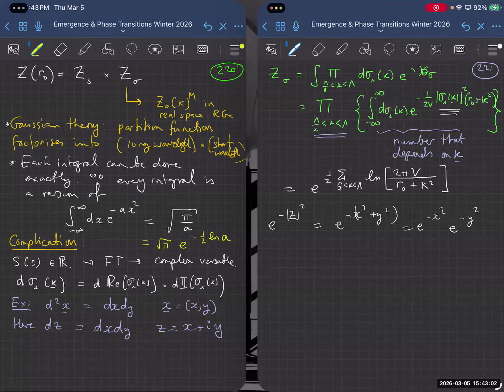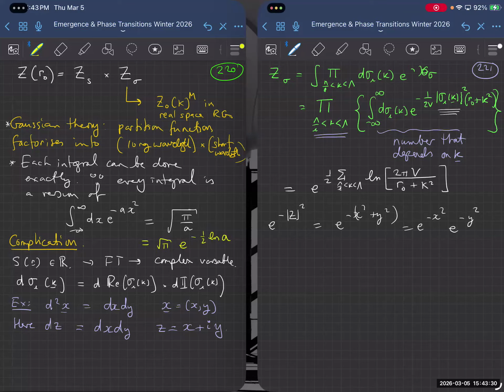I'm looking at the variable of integration, sigma 137. I do the integral, that's just a number. Call it X, call it Y, call it Z. It's a complex number. I do that integral over sigma 137, and I get a number that depends on the number 137, and it depends on R naught. Right. Did I answer your question? Yeah, good, thanks. All right, any other questions about this?